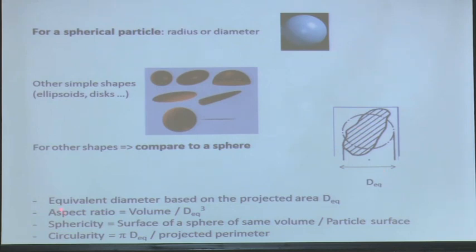For example, if you have photos of your particles, you can evaluate the projected surface of your particle, and based on that, you can evaluate an equivalent diameter. That will tell you how big the particle is if you compare it to a sphere.